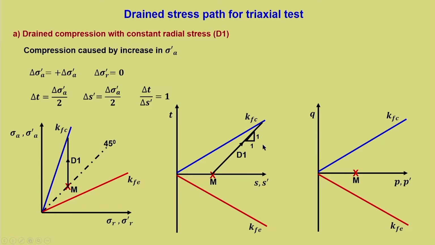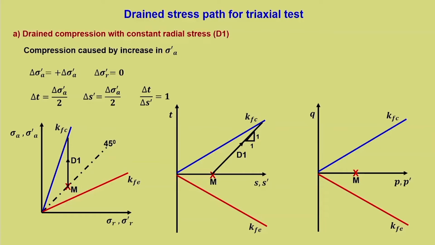So, D1 is 1:1. Now, this again you have to keep in mind: in the TSS dash plot, if it is triaxial compression, and specifically for a drained stress path, it will be at an inclination of 1:1 or 45 degrees. That aspect we need to keep in mind.